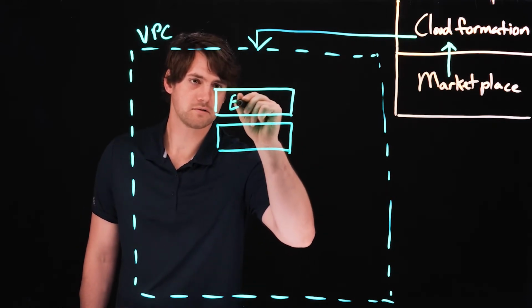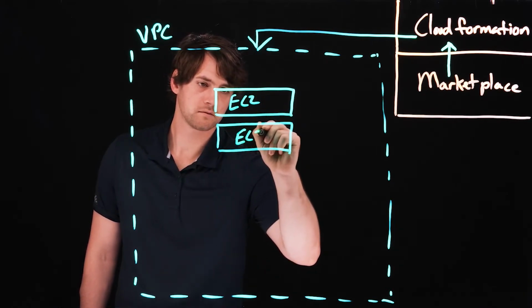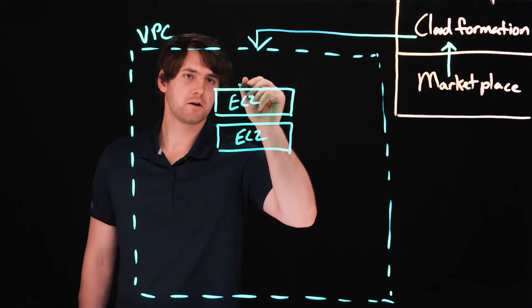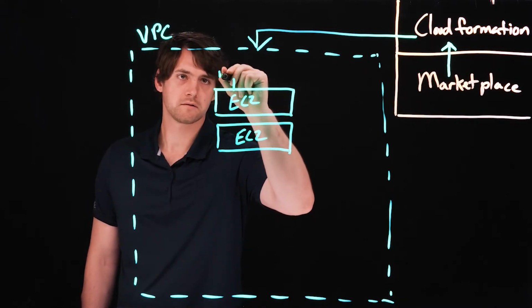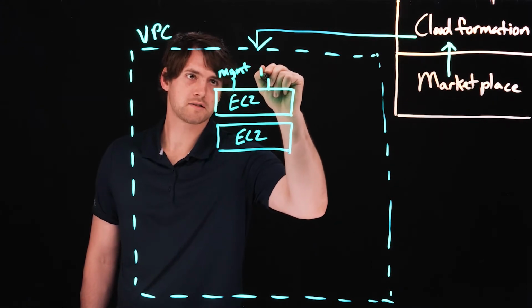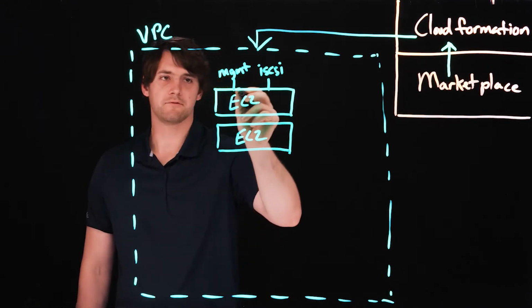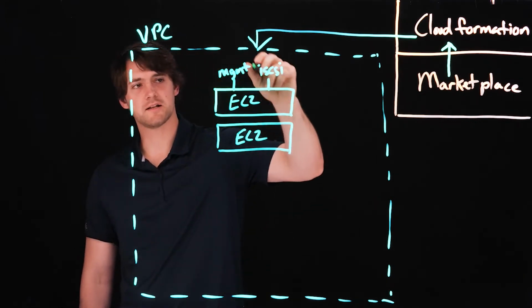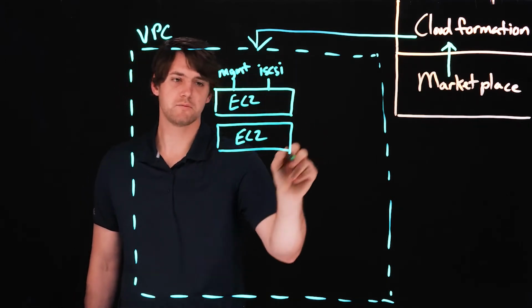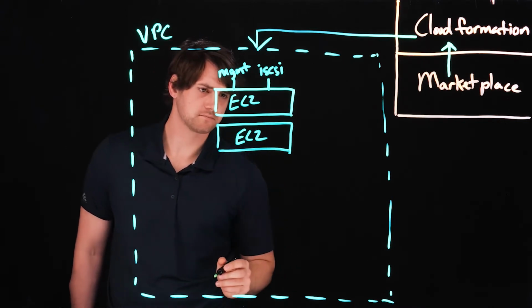So these are EC2 VMs. And these are where your management service and your iSCSI data service are going to be surfaced from. And for the convenience of drawing, I've only drawn these lines out of one box, but actually these 2 boxes work together in an active-active manner to provide these services for you.